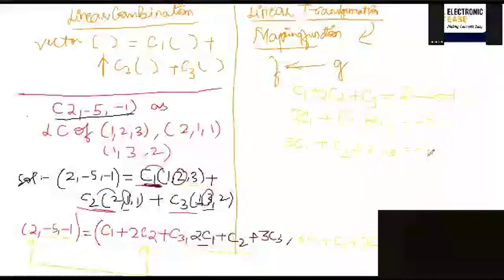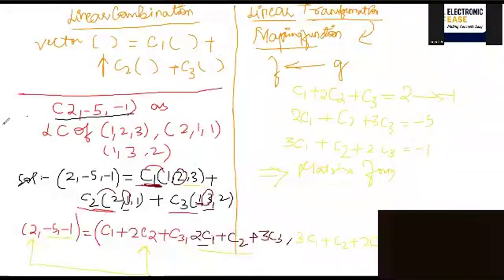Next, whatever equations you have written, you need to write them in matrix form. Because this is an 8-mark question, every step you need to show, then only you will get the complete 8 marks. How to write the matrix form? You need to equate the coefficients. What is the coefficient of C1 here?